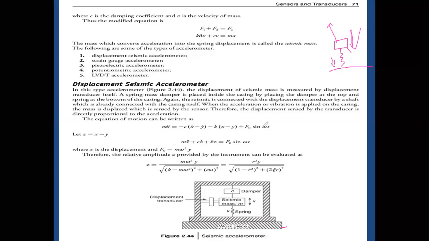All these equations come under the theory of vibrations, which we have as a separate subject. Just try to understand as much as the diagram itself; no need to bother about the calculations.